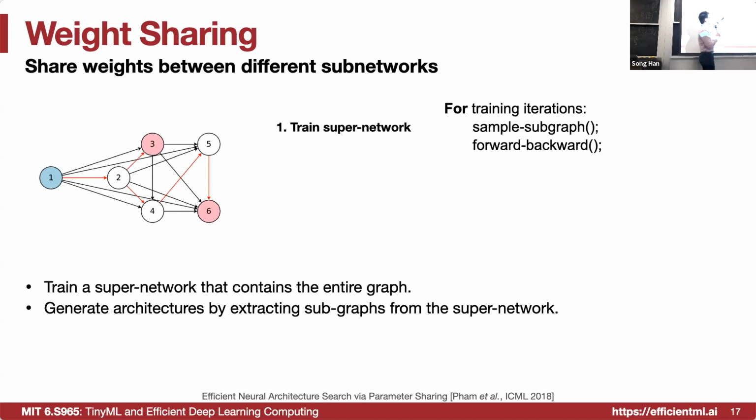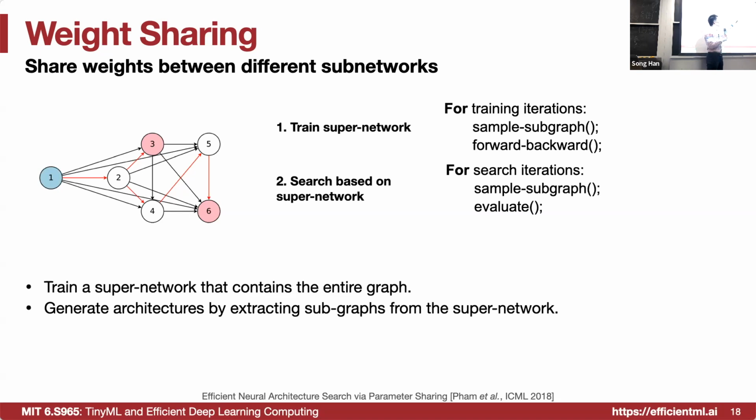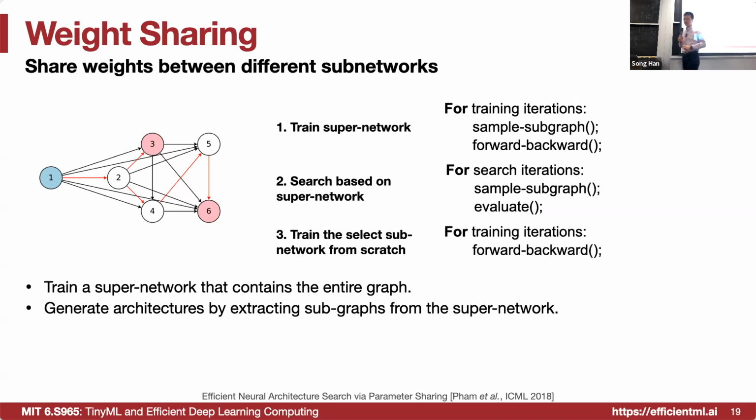During training time, we train the super network, and then we search based on a subnetwork. And finally, we train the selected subnetwork from scratch. But they still require training the subnetwork from scratch in the end. And later we are going to learn techniques called once-for-all network, which can also eliminate the final stage. Each subnetwork can operate independently.